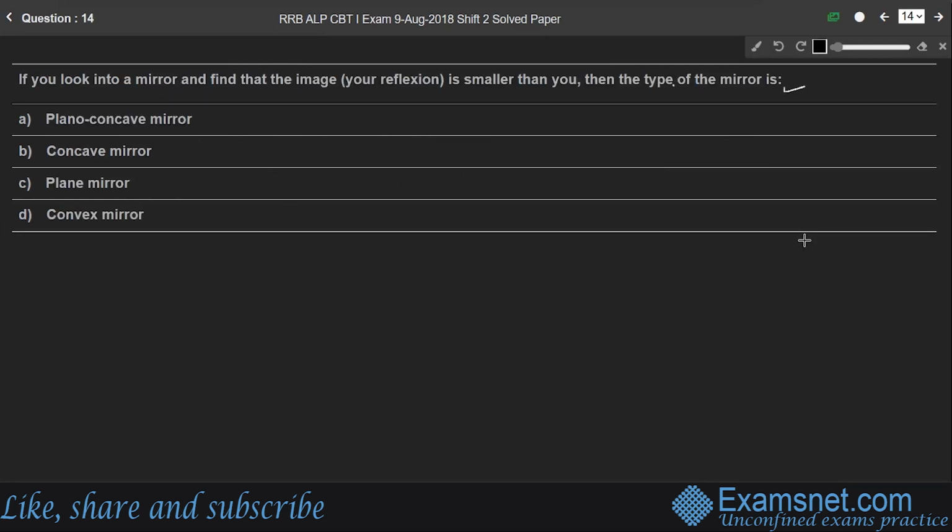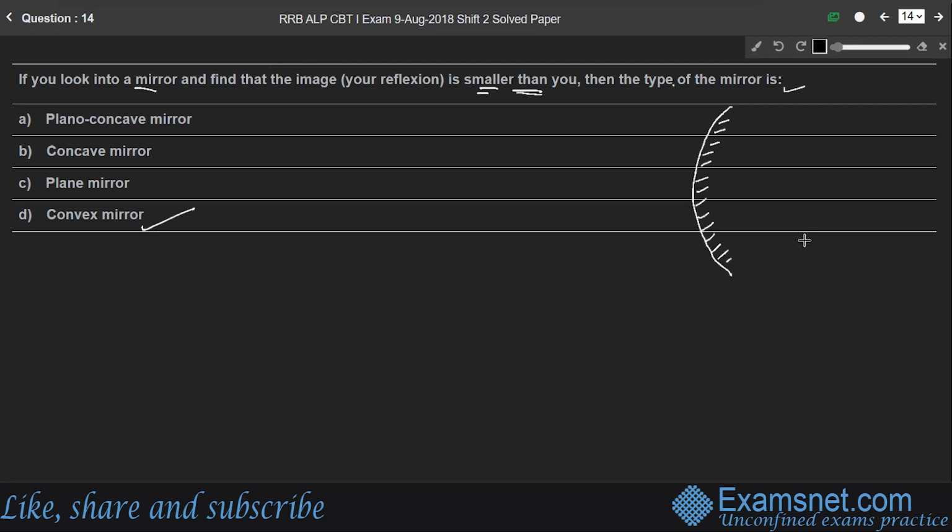Question number 14. If you look into a mirror and find that the image is smaller than you, then the type of the mirror is. We always get the diminished or smaller image in the case of convex mirrors. For better understanding of this, I'm showing a convex mirror. The outer surface is bulged and the inner surface is opaque.